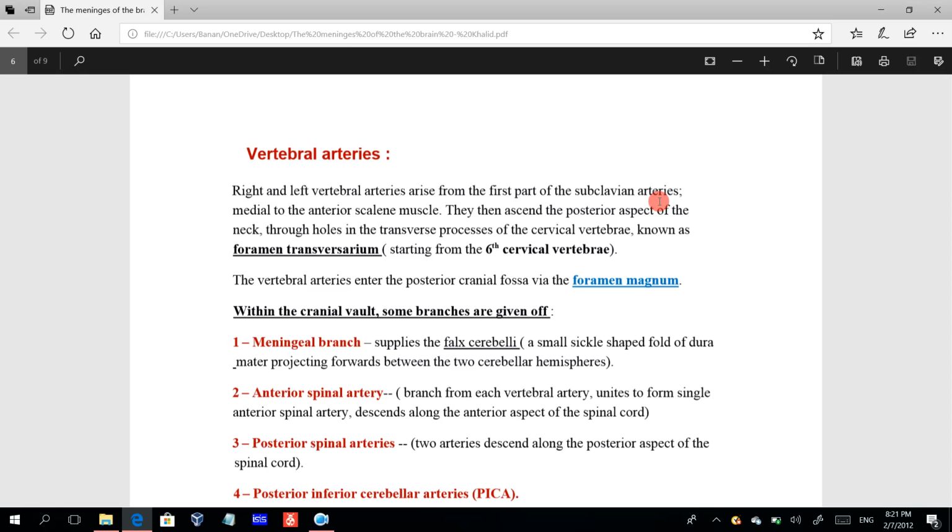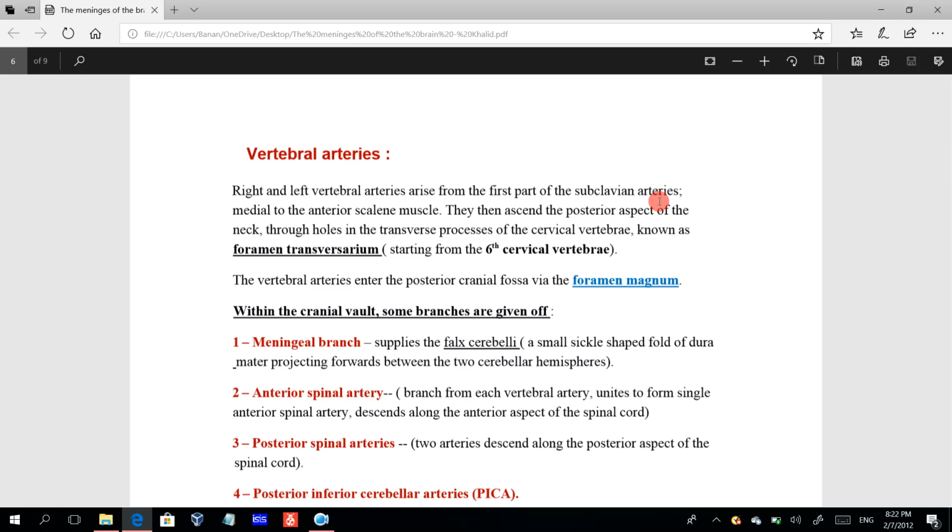So these arteries, the right and left, ascend upwards medial to this muscle, the anterior scalene muscle, and they ascend, as I said, in the posterior aspect of the neck through a foramen in the transverse processes of the cervical vertebrae.